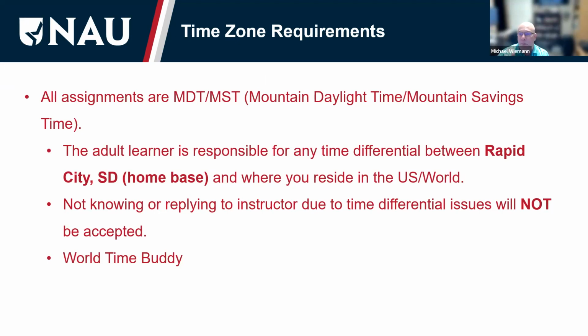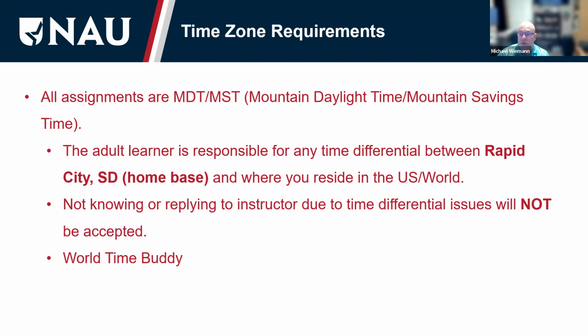That's going to be important when you're trying to make your initial post for week 2 at 11:59 p.m. Mountain Daylight Time or Mountain Standard Time. Okay, I'm on the East Coast, so I have until 1:59 a.m. on Friday to get it in. Conversely, if you're on the West Coast, that means 10:59 p.m. on Thursday.